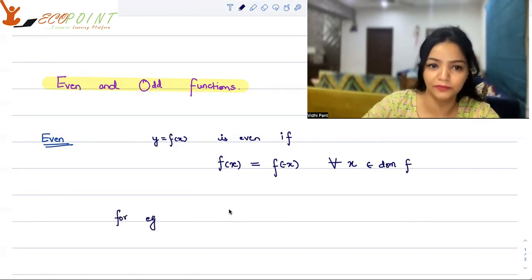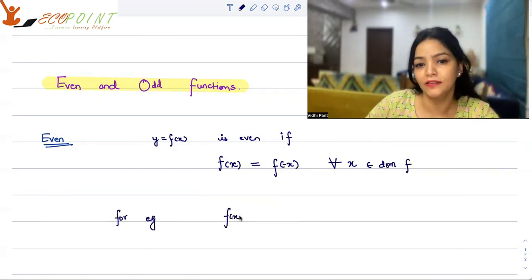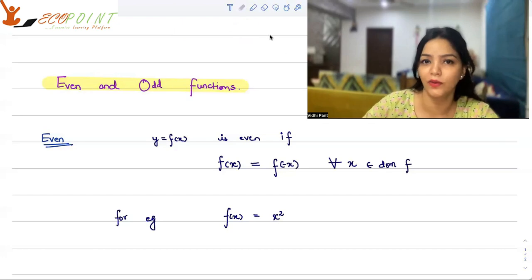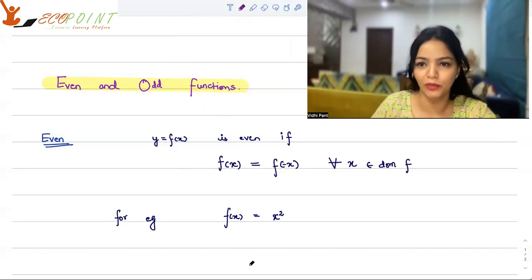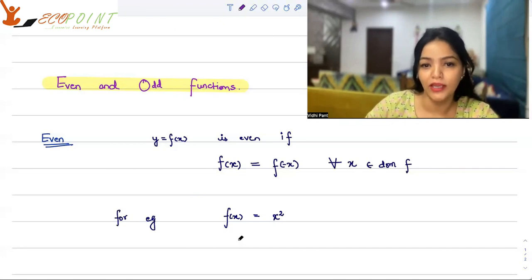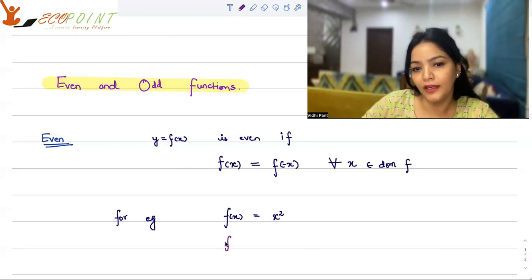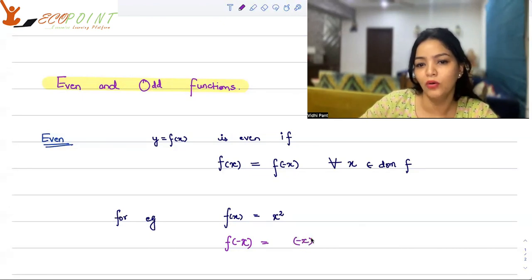For example, the most common example for you to understand this kind of concept is f(x) equals x squared. Suppose I take the function as x squared. You know it's a parabola. If I observe the value of this function at the input minus x, it's going to be (-x) whole squared.